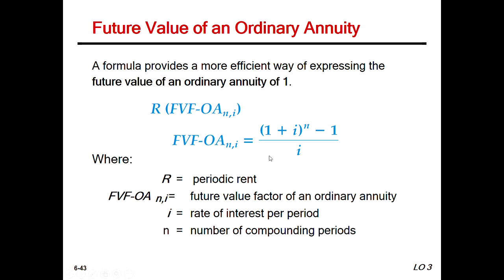And once we have that factor, then we will use it to multiply our annuity amount by. So in this calculation, R is the periodic rents, whatever that payment is every period. FVFOA is the future value factor of an ordinary annuity, so what we're going to multiply our rents by to figure out what the future value of all those payments is. I, again, is the interest rate, N is the number of compounding periods.